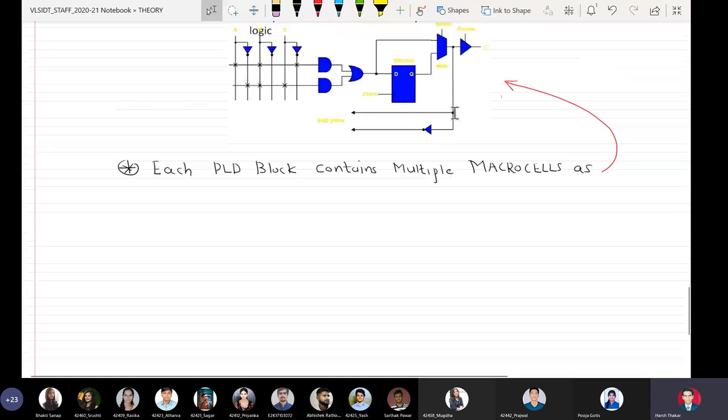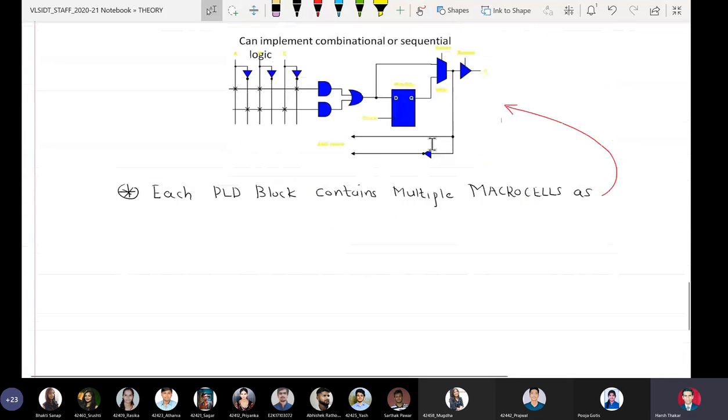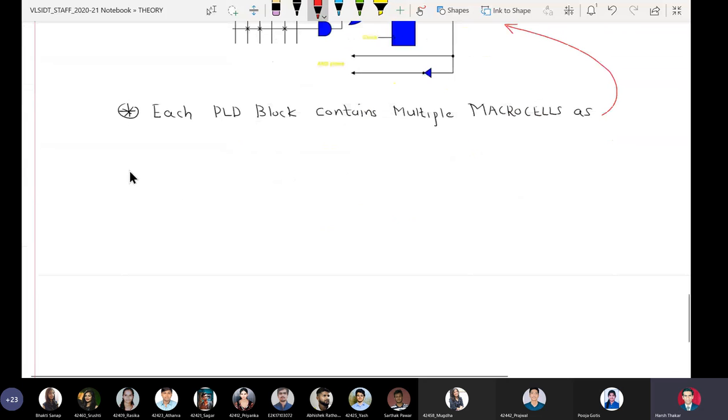Now, as indicated above, each macro cell consists of the following things.